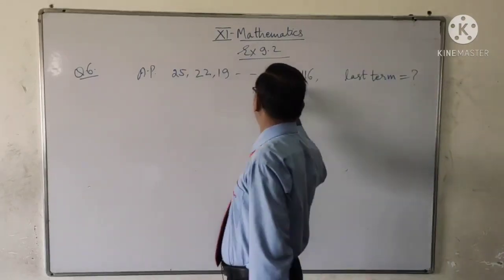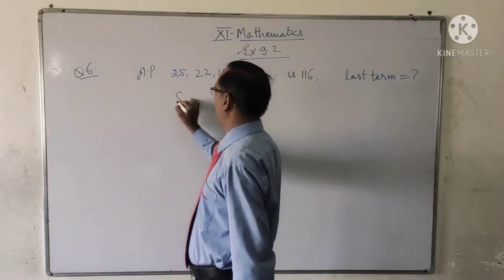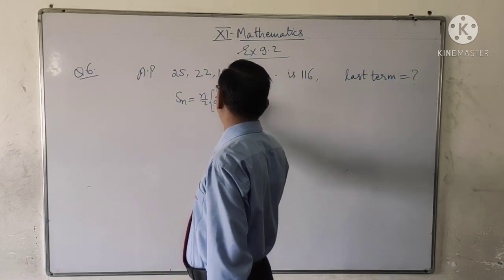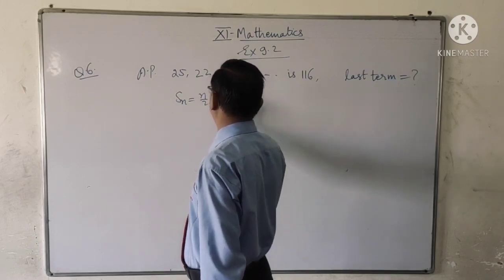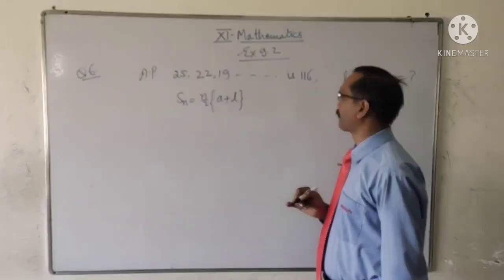Students, here the sum of n terms is given. So there is a formula: Sn equal to n by 2 into (A plus L), where L is the last term.